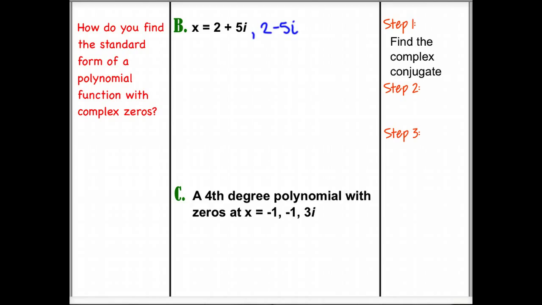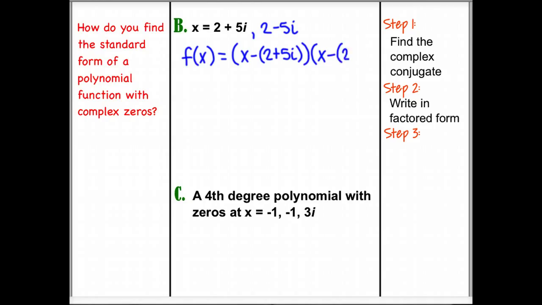So then we want to write it in factored form. That means that f of x is equal to x minus 2 plus 5i times x minus 2 minus 5i.